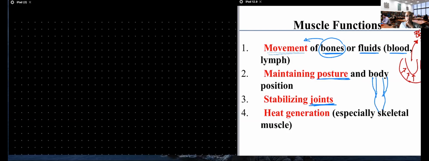No. Why? Because there is nothing to stabilize the knee joint. I need both sides to be contracted to keep the joint from moving towards one side. All right, so in order for me to stabilize the joint, I need to have muscles which are contracted.